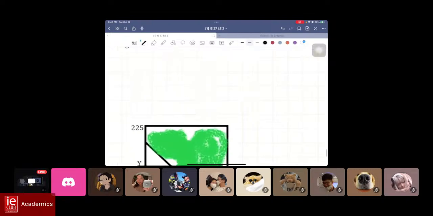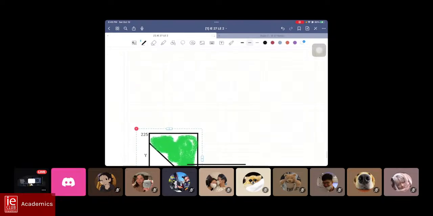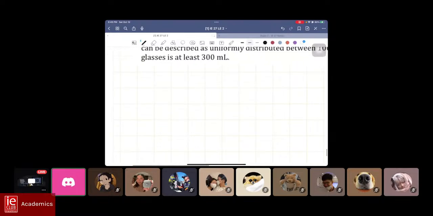So what we're looking for is the probability that the total amount of soda is greater than or equal to 300 ml.